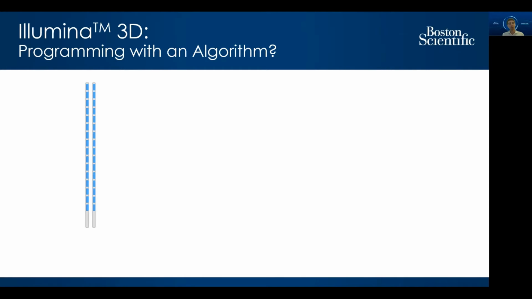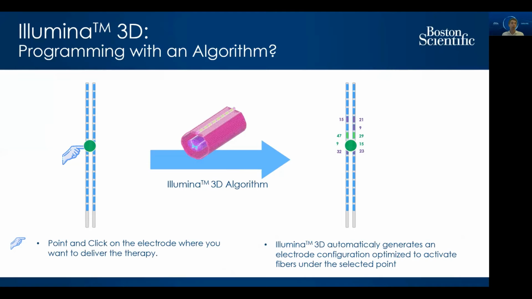So then, how does it look like to program with an algorithm? In fact, the user simply inputs a desired point of stimulation using the programming interface. It's what we call the point and click programming. The algorithm then calculates in the background using our SCS model the optimal electrode configuration to activate the dorsal columns right under the selected point.